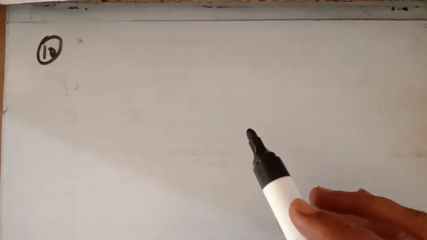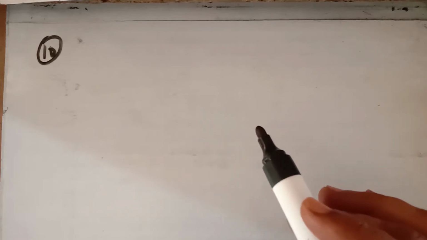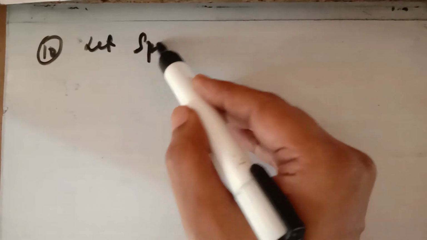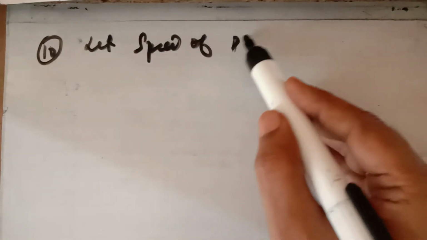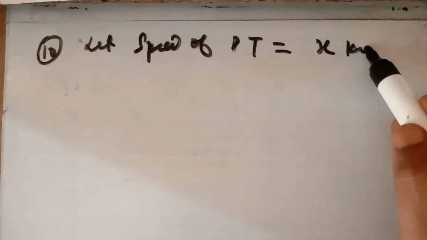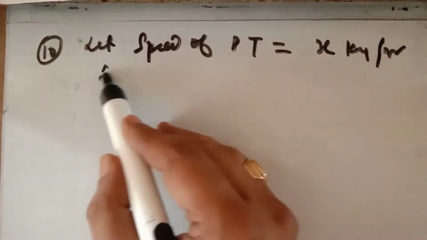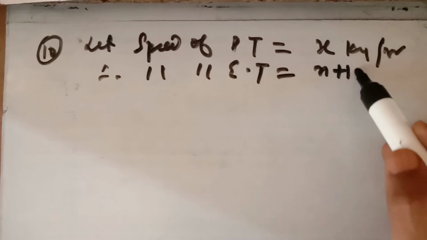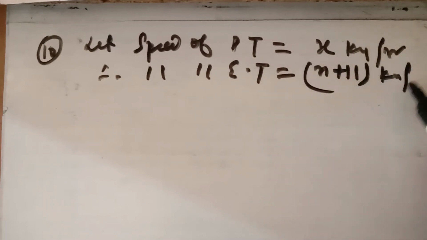If the average speed of the express train is 11 km per hour more than that of the passenger train. So here we will take the speed of the passenger train. Let the speed of the passenger train be x kilometer per hour.